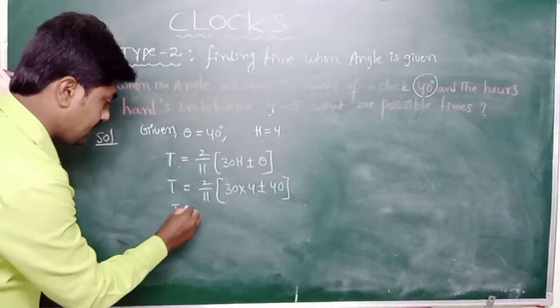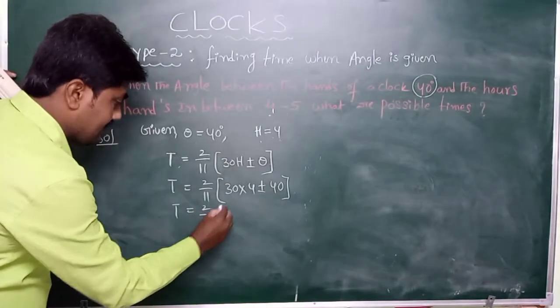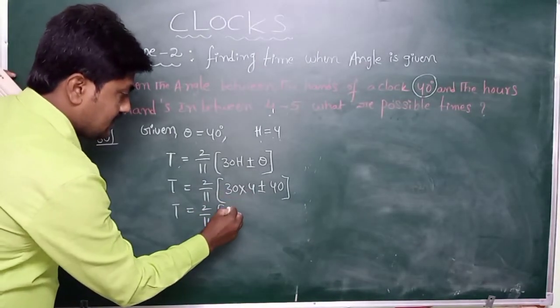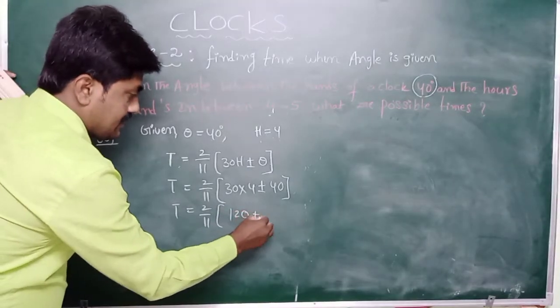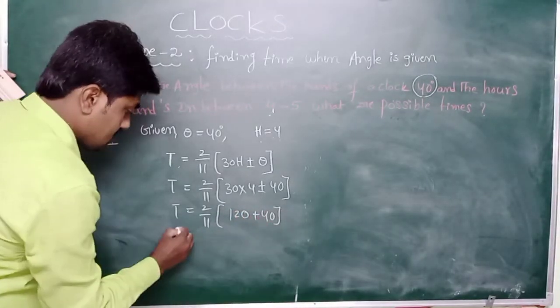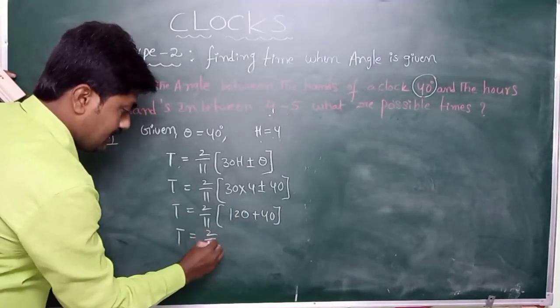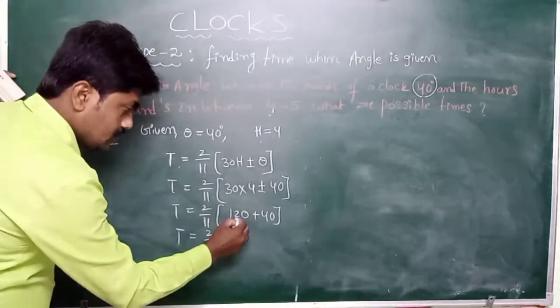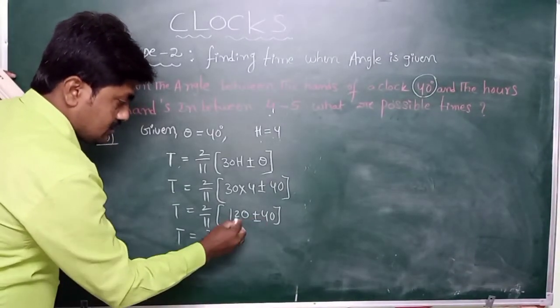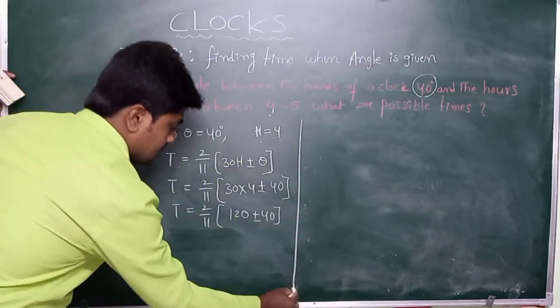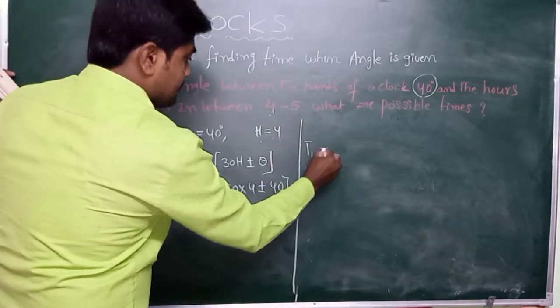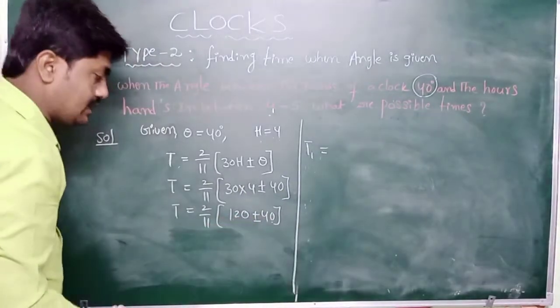Now t is equal to 2 by 11 into (30 into 4, that is 120, plus or minus 40). Take the possible values here. Time 1: take the first positive value.